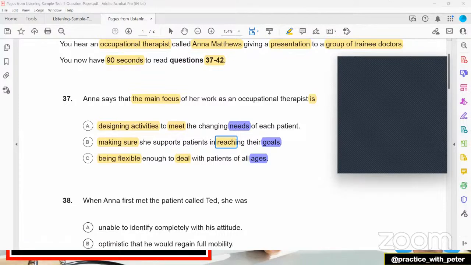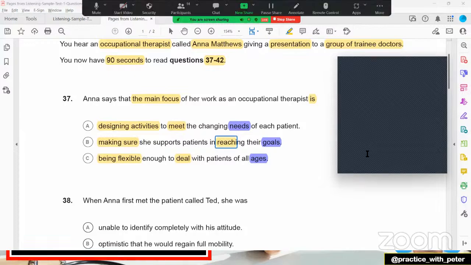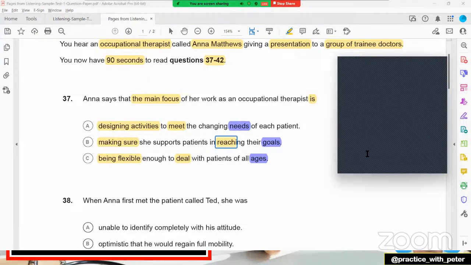Now I'm going to give you the words. The word is focus. Give the synonyms of the word focus.